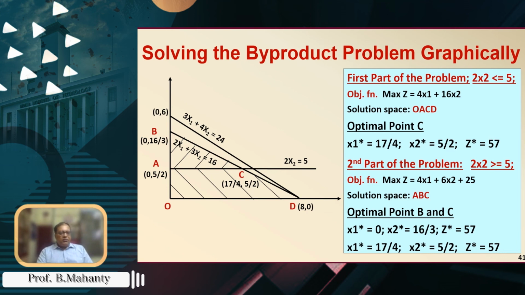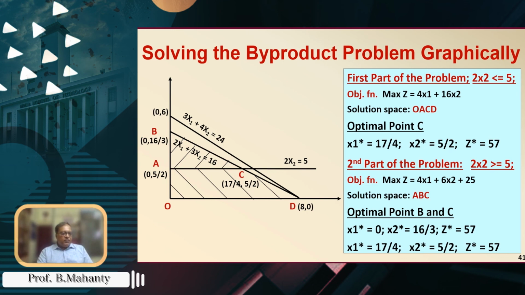In the second part of the problem, both points B and C become optimal. That is because one of the constraint lines, 2x1 plus 3x2 equal to 16, and the objective function 4x1 plus 6x2 equal to 25 have the same slope. As the profit line moves, it becomes parallel to this portion, and because of that both B and C become optimal.